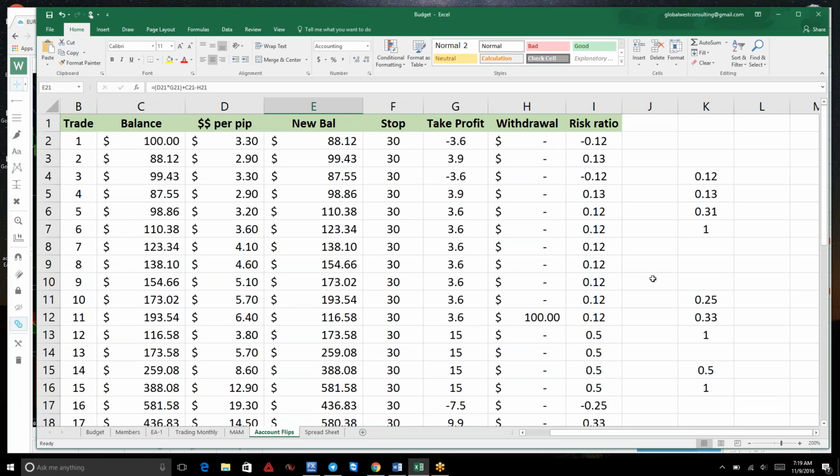So I've played with these numbers. I know this sounds like, oh, you got to win so many trades in a row, blah, blah, blah. Actually, no. It depends on what percentage you take. You can have anywhere between a 62% to a 72% win rate. And as long as you don't lose 3 or more than 3 in a row or more than 2 in a row, if you're doing these settings, the account flips.